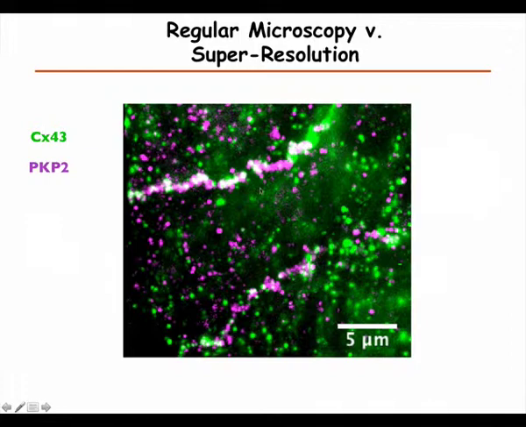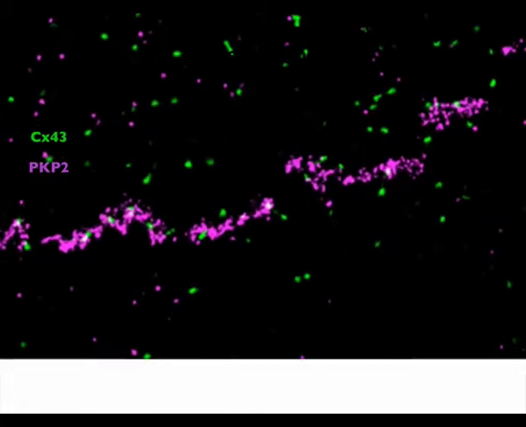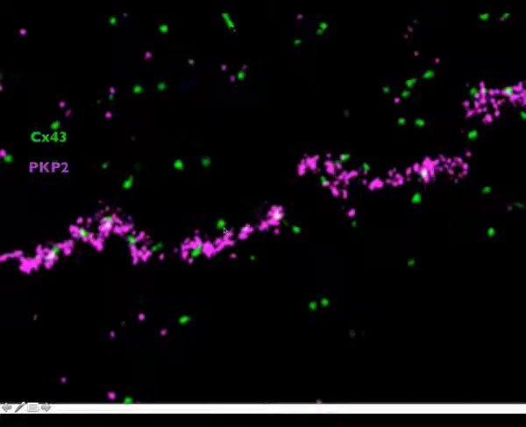For example, one cardiac cell is here. Now if we turn this into super resolution, we get a much better view. That's the difference between regular fluorescent microscopy and super resolution. If we look closer, we can see this one is close but doesn't interact, but others are interacting.